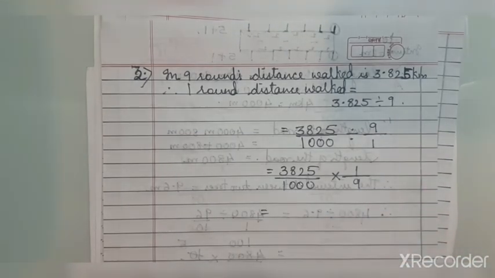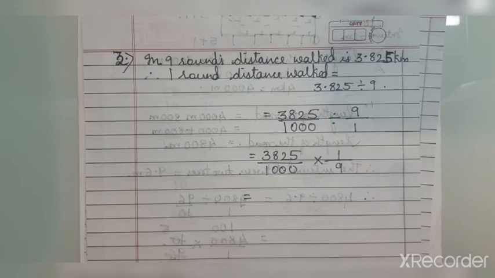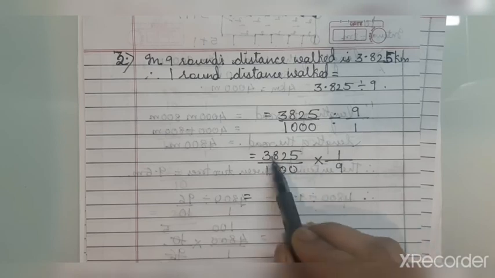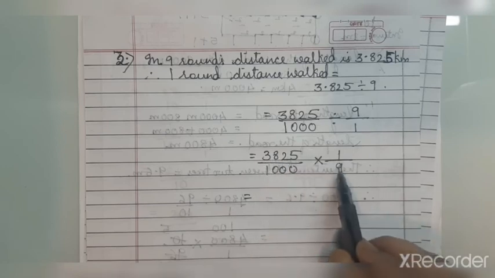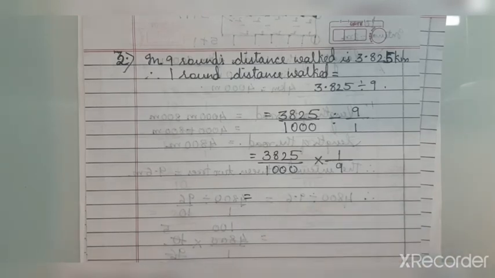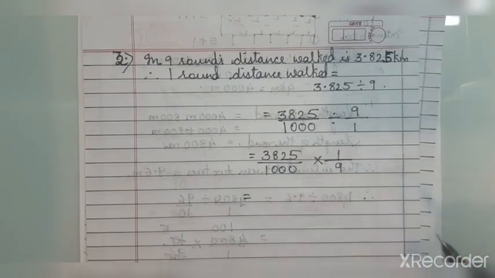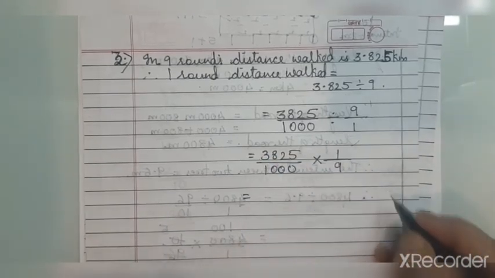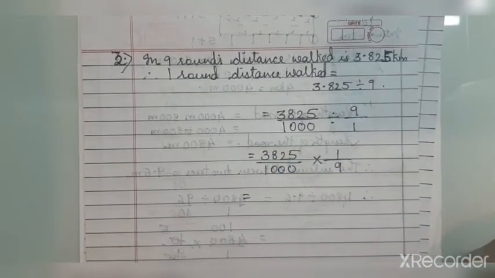Okay, now we have to do this cancellation and find the answer. So again I told you that it will be better if we leave this 1000, clear, and we solve this 3825 divided by 9. And if we leave this, it will be helpful for us to put the decimal fraction. So if it is difficult for you to do directly over here, you can do it in rough work.